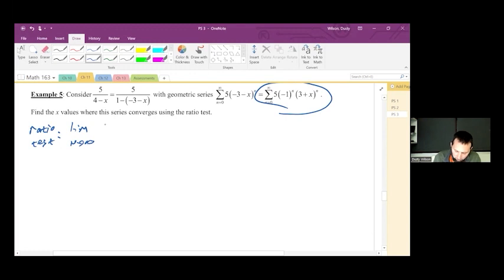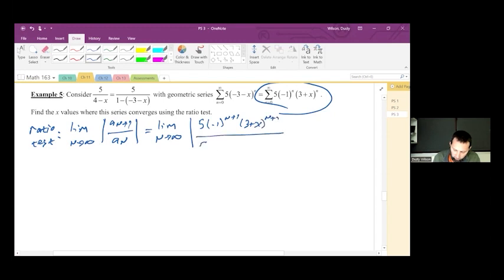So that will be absolute value of a_n plus 1 divided by a_n, which will be the limit as n goes to infinity of absolute value 5 times negative 1 to the n plus 1 times 3 plus x to the n plus 1 divided by 5 times negative 1 to the nth over 3 plus x to the nth power.